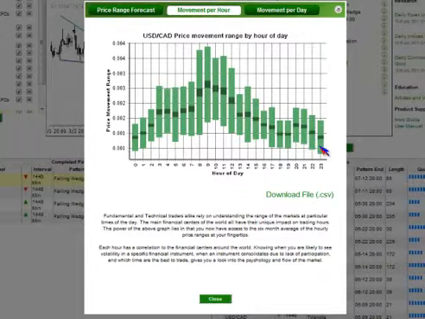Okay? So this rhythm in terms of price movement is fairly unique to the dollar Canada, but not that dissimilar to most dollar correlated majors and COMDOLs.